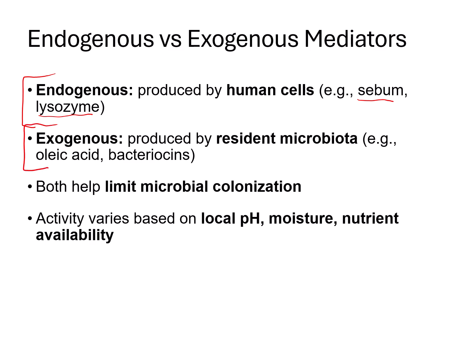Exogenous mediators are produced by our normal or resident microbiota, for example, oleic acid on the skin or bacteriocins in the GI tract. Both types will restrict or inhibit microbial growth, and their effectiveness depends on local factors such as pH, moisture, or nutrients.